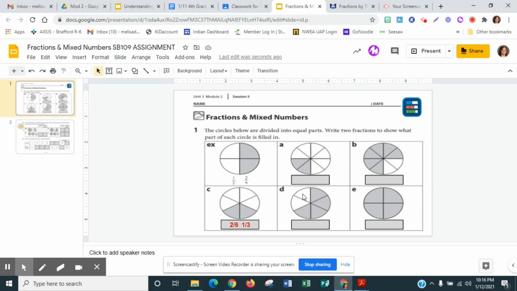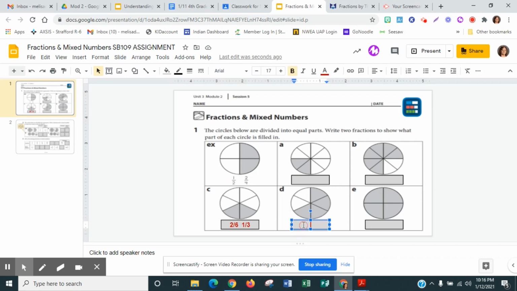On this one, we've still got sixths, so that's still the bottom number for your first one. It doesn't have to be the first one. The order doesn't really matter. But you have 4/6 this time. Well, if we already know that 1/3 is the same thing as 2/6, then 4/6 would just be 2/3.